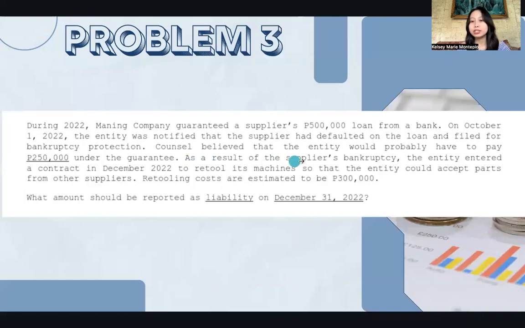As a result of the supplier's bankruptcy, the entity entered a contract in December 2022 to retool its machines so that the entity could accept parts from other suppliers. Retooling costs are estimated to be 300,000. So what amount should be reported as a liability on December 31, 2022?